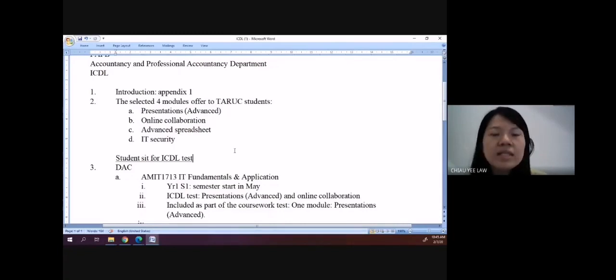So what is the benefit of getting the certificate from ICDL?